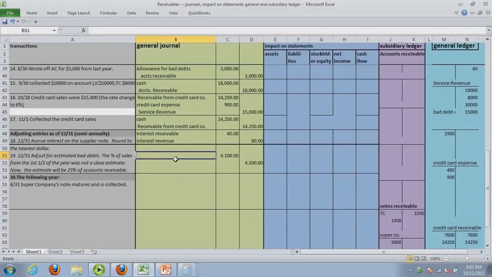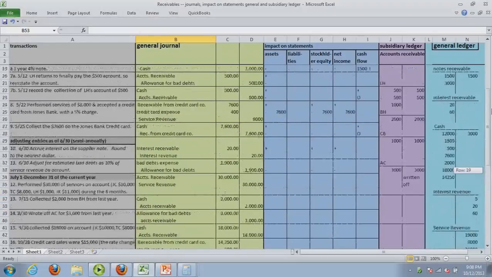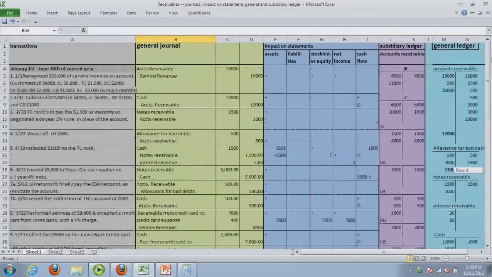So again, this is the one that makes a difference. Bad debt expense. That has a real impact on the statements, and allowance for bad debts. Again, we've done the impact already on the statements. So bad debt expense we post for 4,100 is right. Well, where did it go?